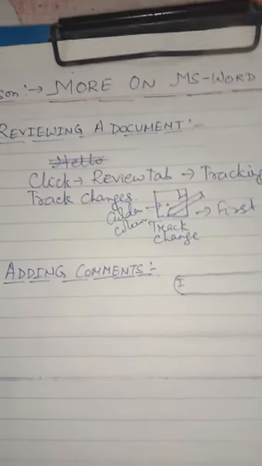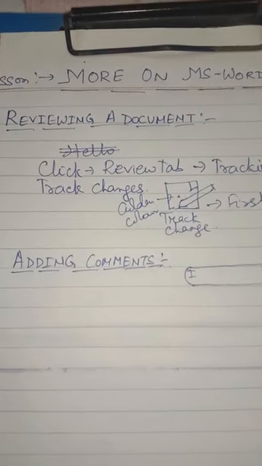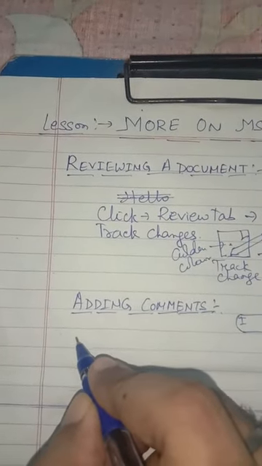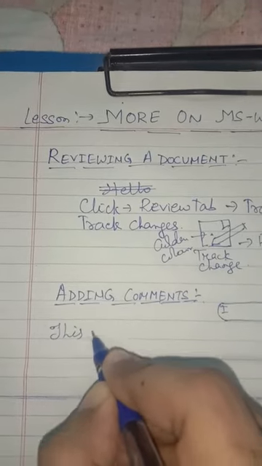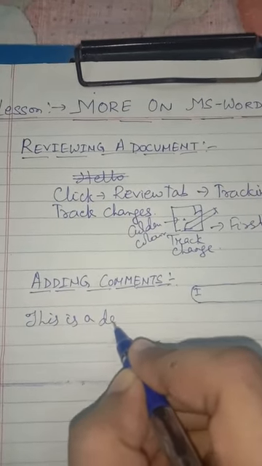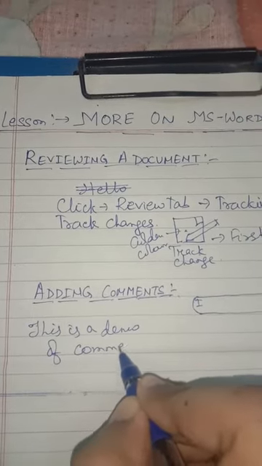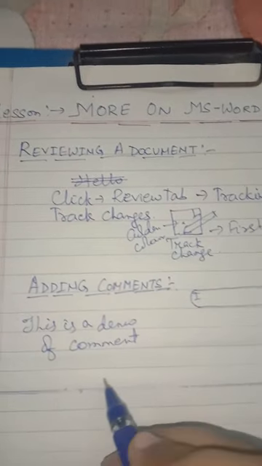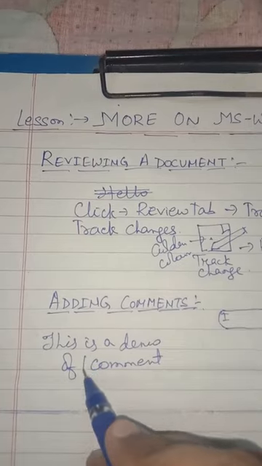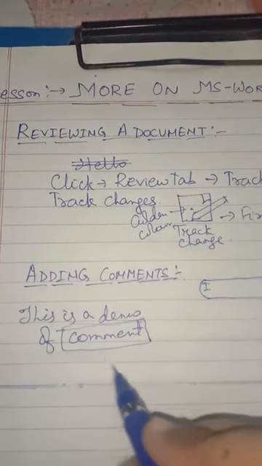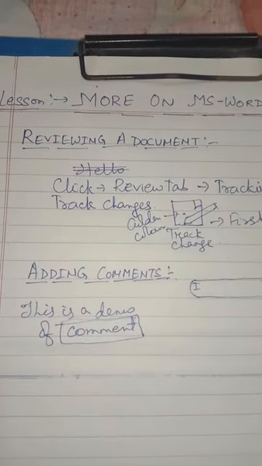First of all, select the text where you want to add the comment. Suppose I have written, this is a demo of comment. Now I have selected the word comment with the help of the mouse.